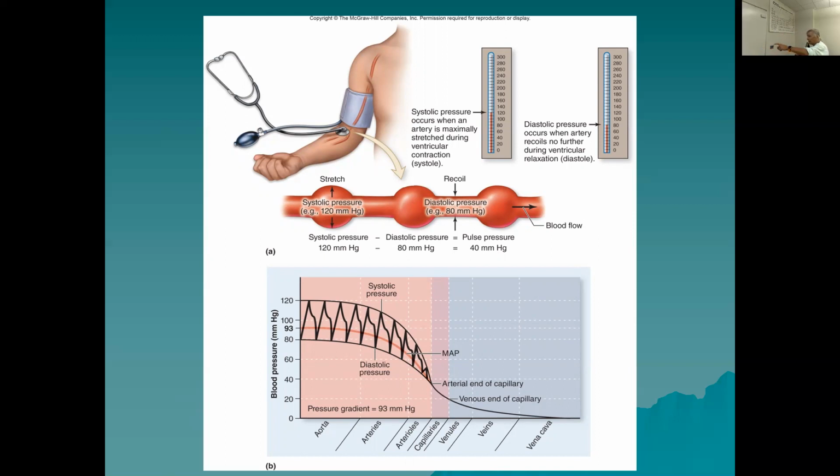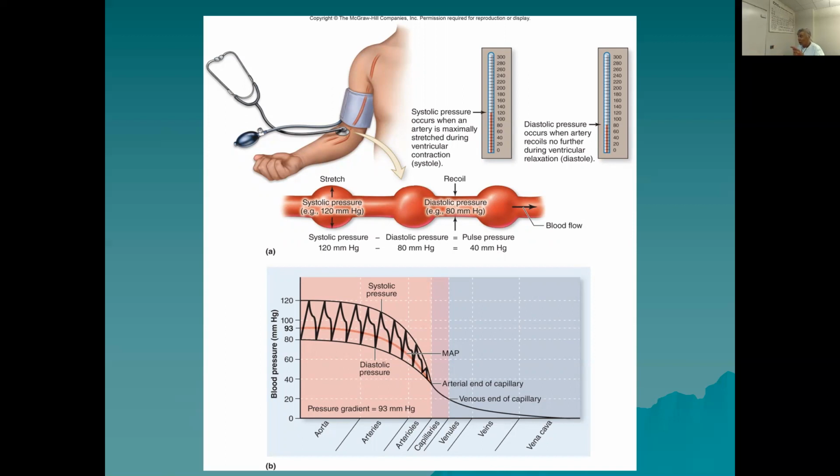And as you can see in the bottom of this slide, on the left side is the arterial side. You can see how we have a pulsatile flow all the way down until the purple with capillaries becomes laminar, and the rest of the venous side is not pulsatile.